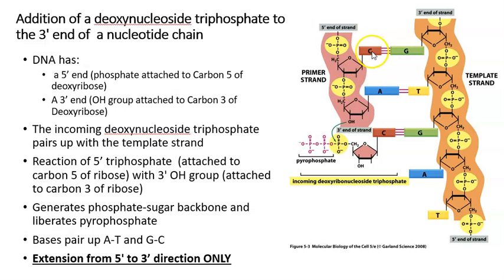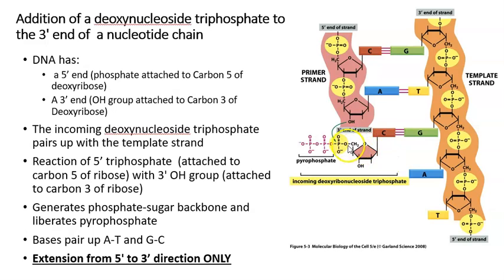This is the base, in this case a C, and here we've got a carbon here, and then we've got a phosphate group here. And the backbone of the DNA structure goes phosphate, sugar, phosphate, sugar. Now when DNA is extended, it is always extended from what we call the 3' end.